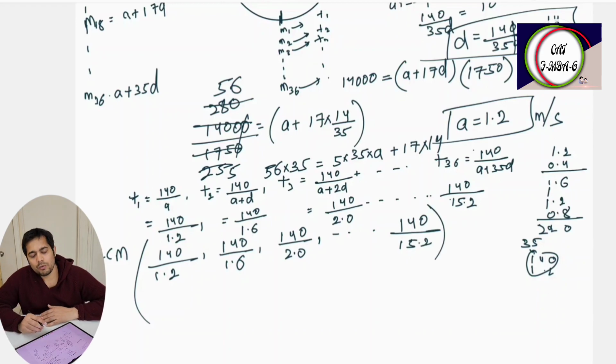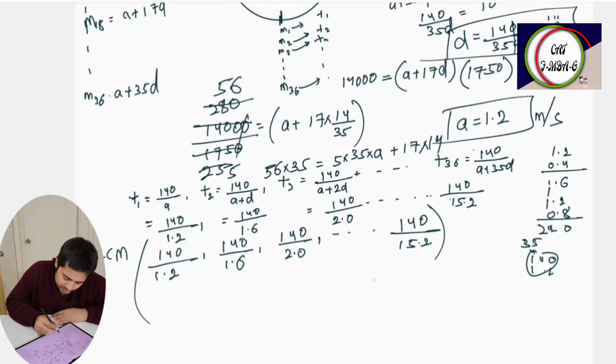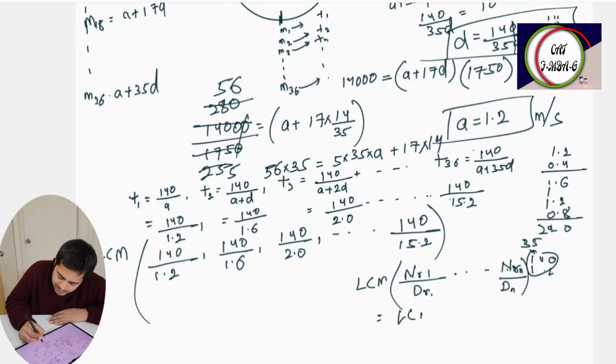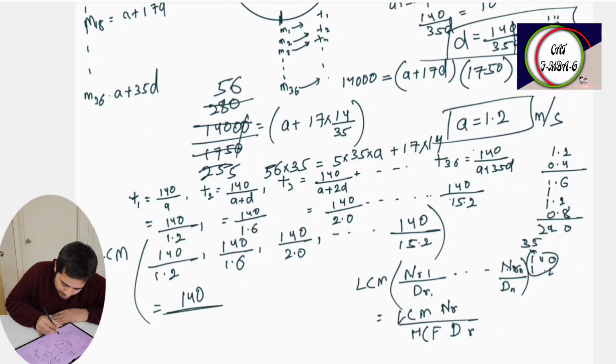Now when we have to find the LCM of fractions, numerator upon denominator, the LCM of numerator 1 upon denominator 1 up to numerator n divided by denominator n is given as the LCM of the numerators divided by the HCF of the denominators. So here the LCM of 140, 140, 140 is 140, divided by the HCF of these terms.